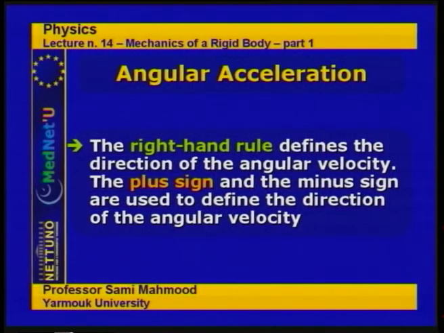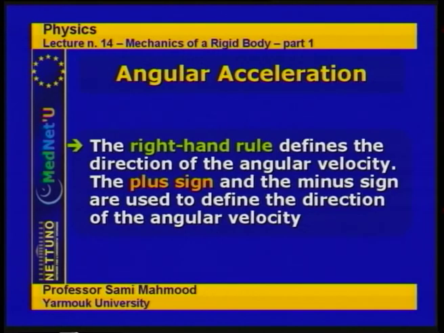The signs of the different quantities in translational motion are defined in terms of how the motion takes place, for example, whether the particle is moving along the positive x direction or negative. So that's in the case of translation. What about in the case of rotation?